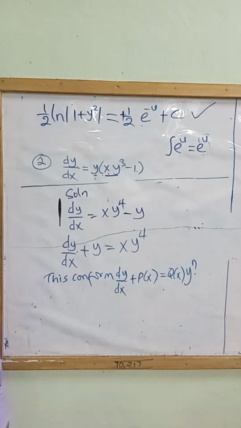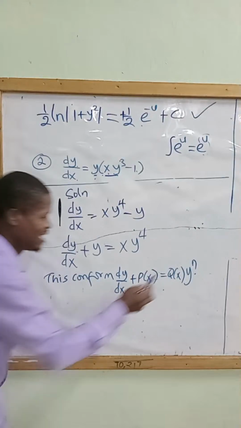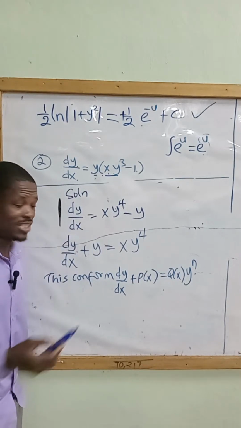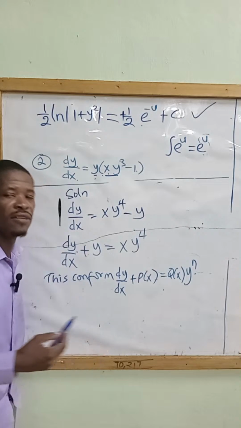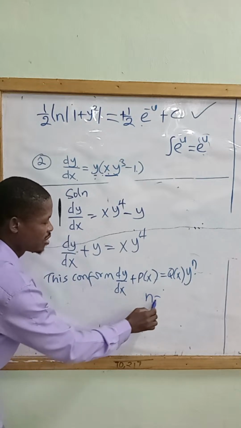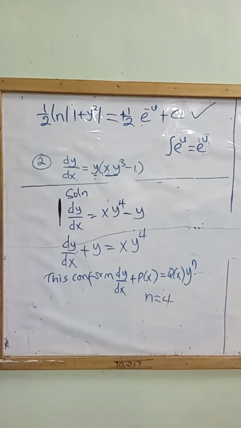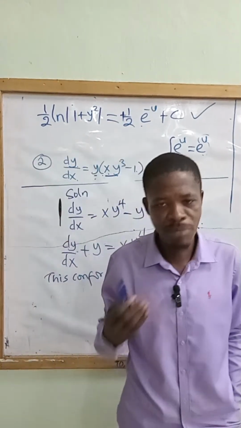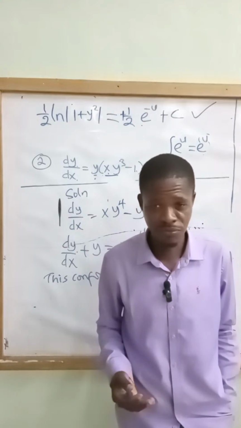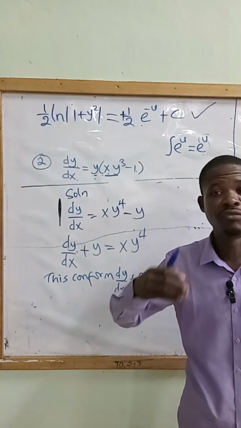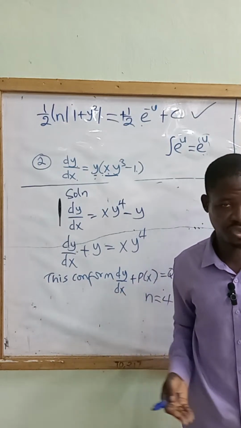For a Bernoulli differential equation, n must not be equal to 0. If it's 0, then the equation becomes a linear differential equation. If we check the question, our n in this case is 4. Then the next question is, how do we solve a Bernoulli differential equation? You can check the channel, I think we have solved a lot of questions on Bernoulli differential equations.